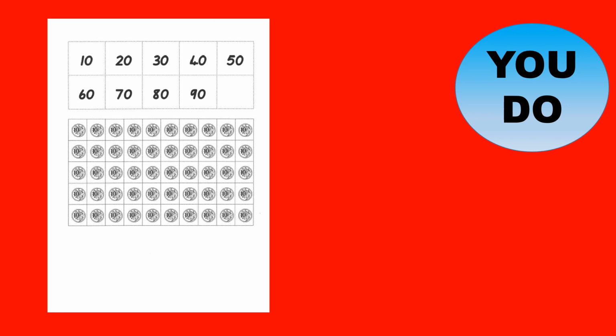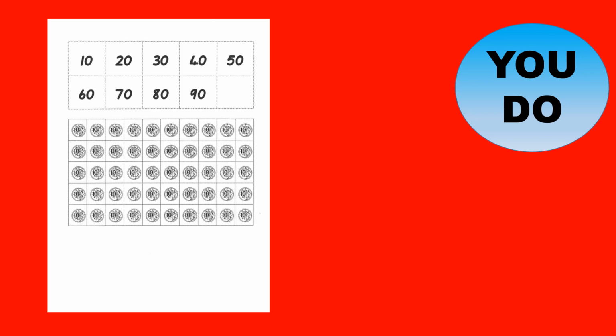But if you have the sheet already printed out, then you need to cut out the numbers and glue them in your scrapbook in the order of counting in tens. Then beside each number, you need to cut out and glue how many 10-cent pieces you would need to make that money. Now I'll give you a little clue.